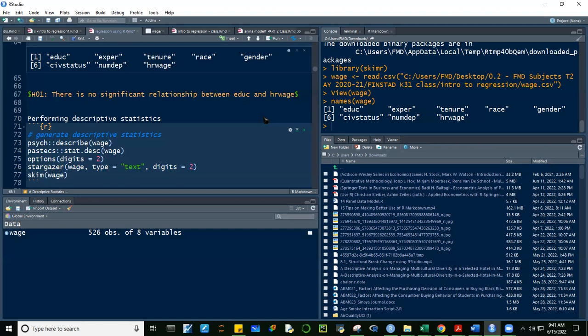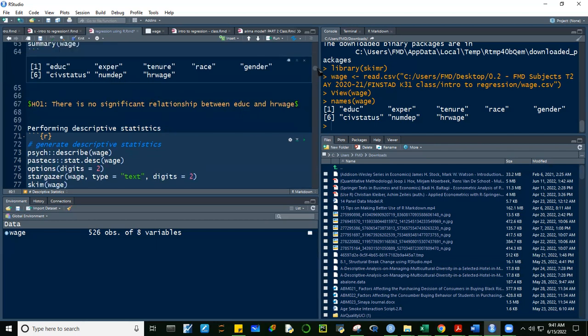We're looking at the effect or the relationship between each of the variables on our dependent variable, hourly wage, so we have to write the null hypothesis for that, which is H01. And you do the same for the other variables.